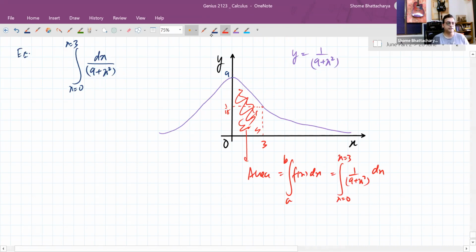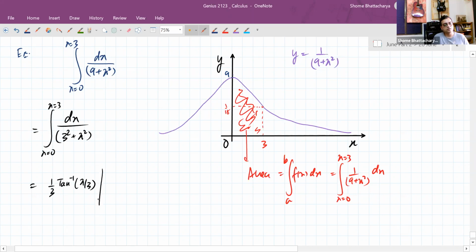Now let's calculate the area and see how much it comes out to. So this can be written as dx upon 3 square plus x square. So that is 1 upon 3 tan inverse x by 3. That's the indefinite integral.